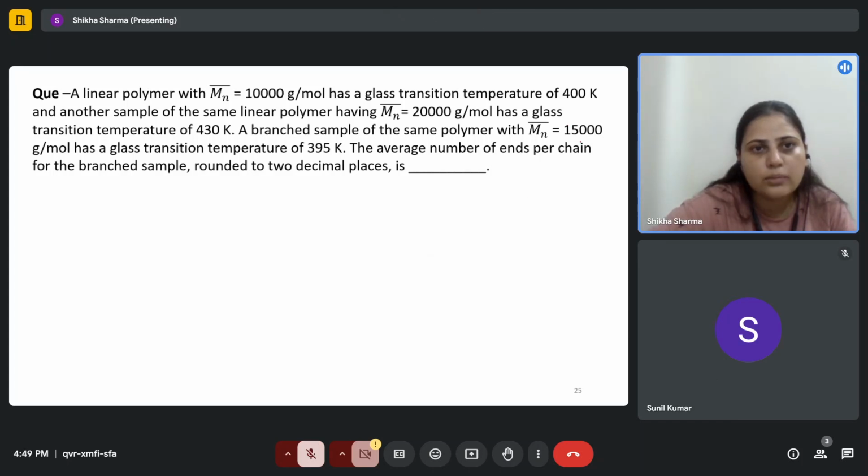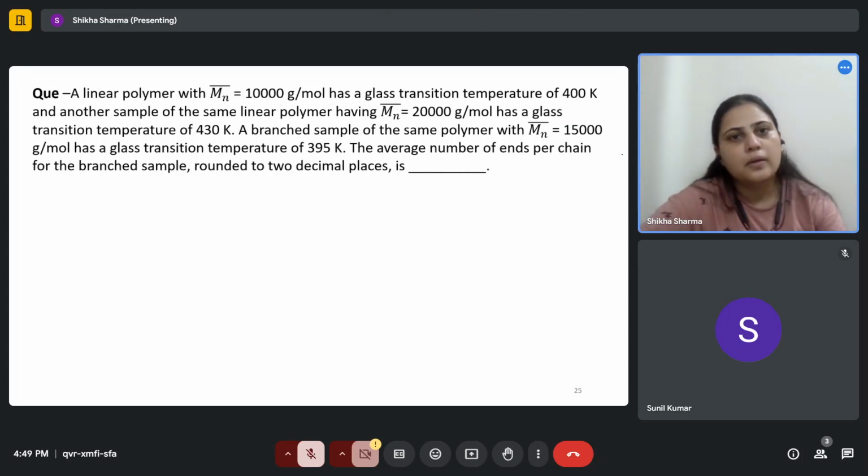A linear polymer with the number average molecular weight given. The linear polymer is having 10,000 gram per mole as its number average molecular weight and its glass transition temperature is 400 Kelvin, and another sample of the same linear polymer having two times the number average molecular weight, 20,000 gram per mole, and its glass transition temperature is 430 Kelvin.